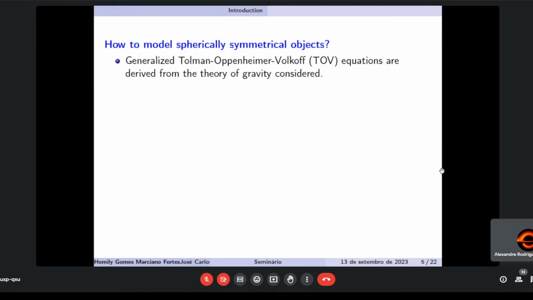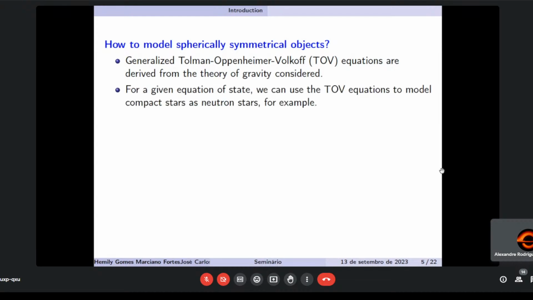These equations are derived from the theory that you are considering. So you are using some theory, some model, and you can derive these equations of motion for this kind of object.